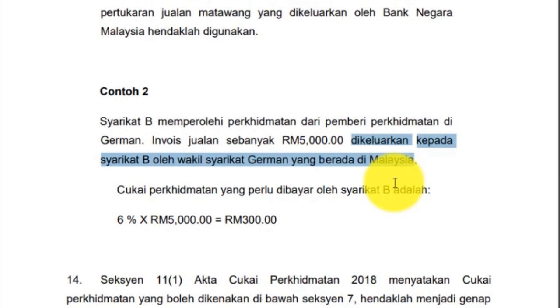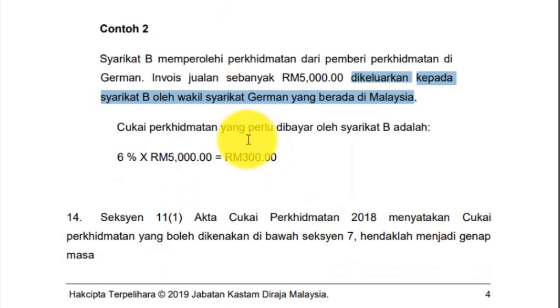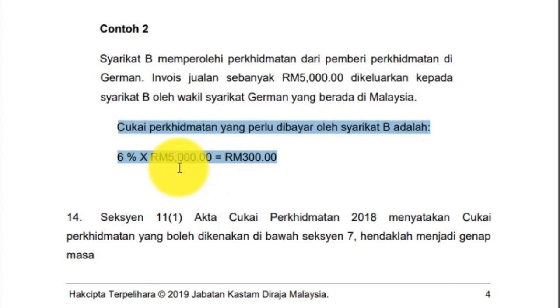The invoice is issued by company B in Malaysia, not the German company, but you still need to account for the service tax. 6% multiplied by the 5,000 ringgit equals 300. You need to account for the 300 ringgit, declare it and pay to customs.